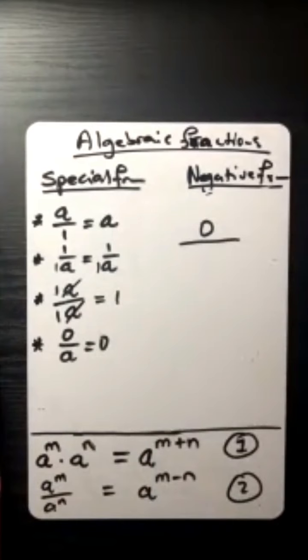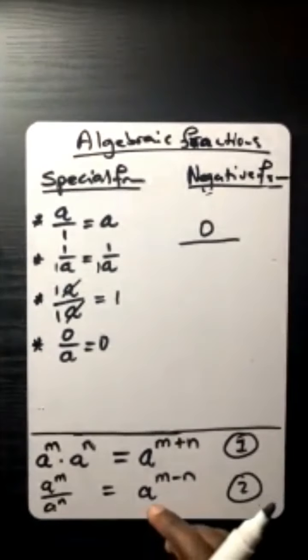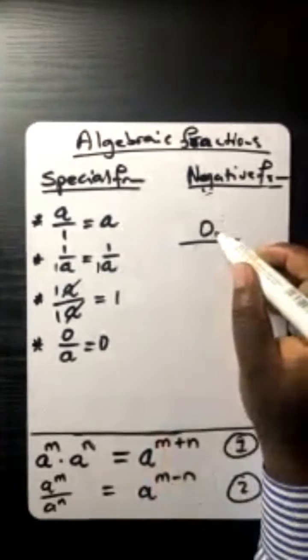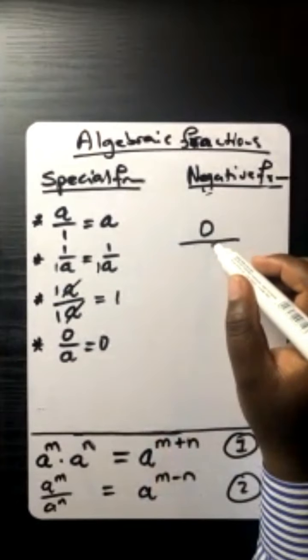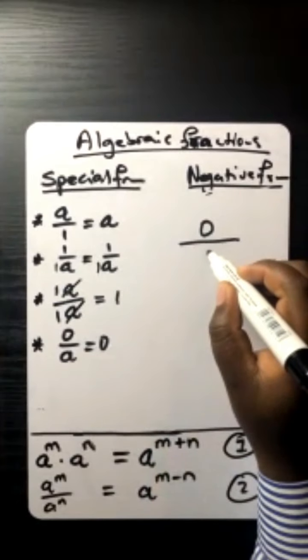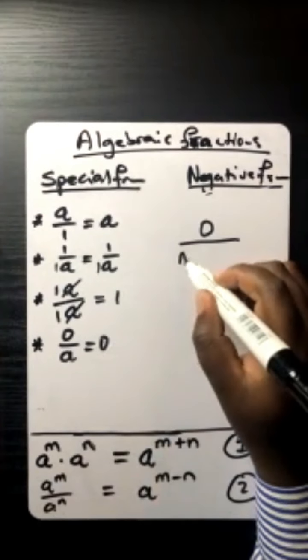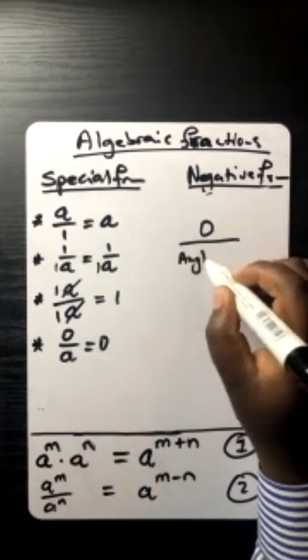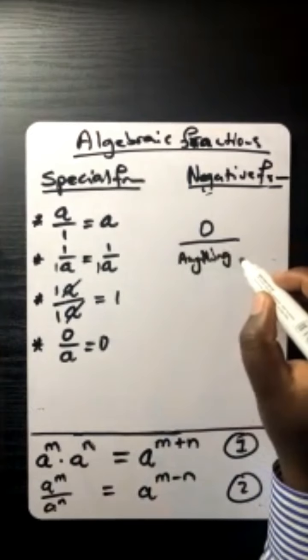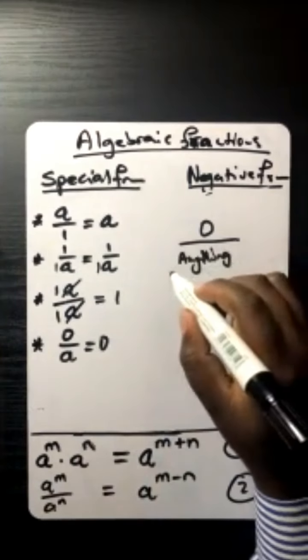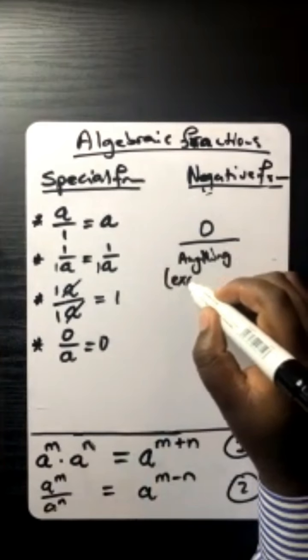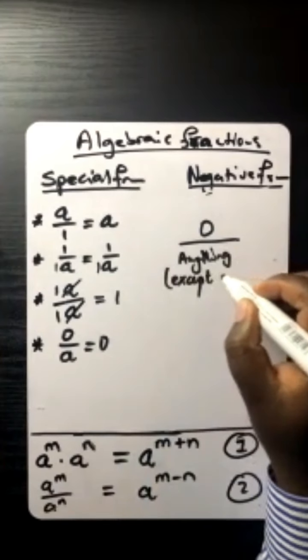Let me check something first. 0 divided by 0, it's equals to error. Okay, so I think 0 divided by anything. Yeah, let me say anything except, in brackets, except 0.